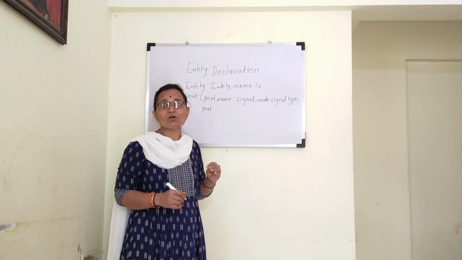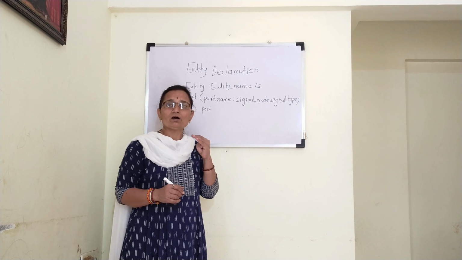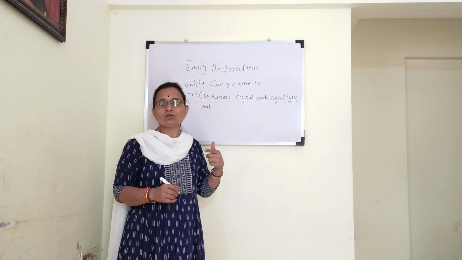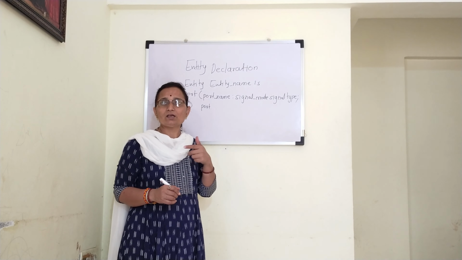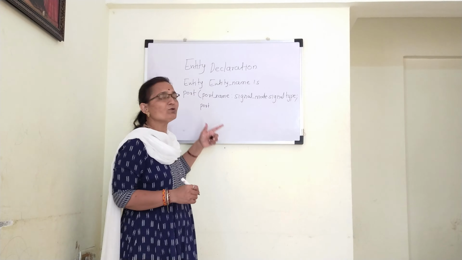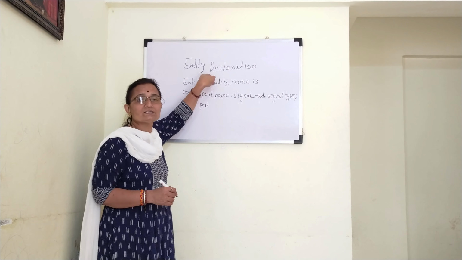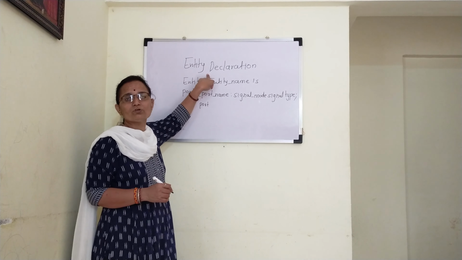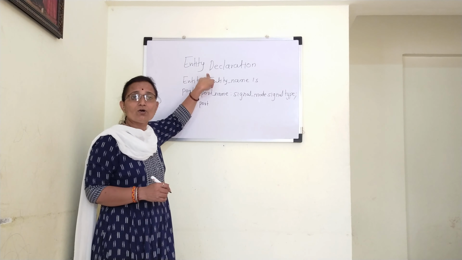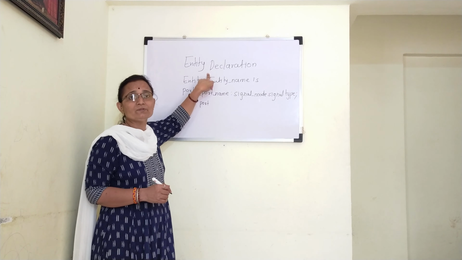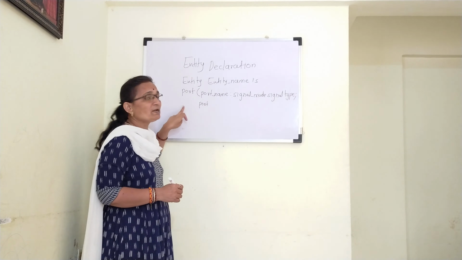Just take the example of a half adder. We know the half adder has two inputs and two outputs: A and B are the inputs and sum and carry are the outputs. So we are going to mention that under this entity. The entity gives the list of input and output ports of the system, and we mention them with the help of the entity syntax.